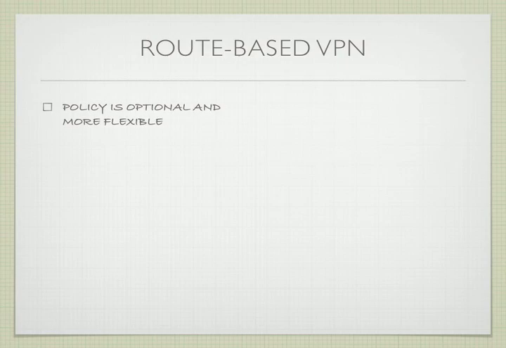So the policy can be optional, and because the policy is not required per tunnel, your policies also become more flexible. You can write policies based on the types of traffic and the zones of the traffic independent of the physical connection. So you no longer have to have a policy for each of these tunneling connections.